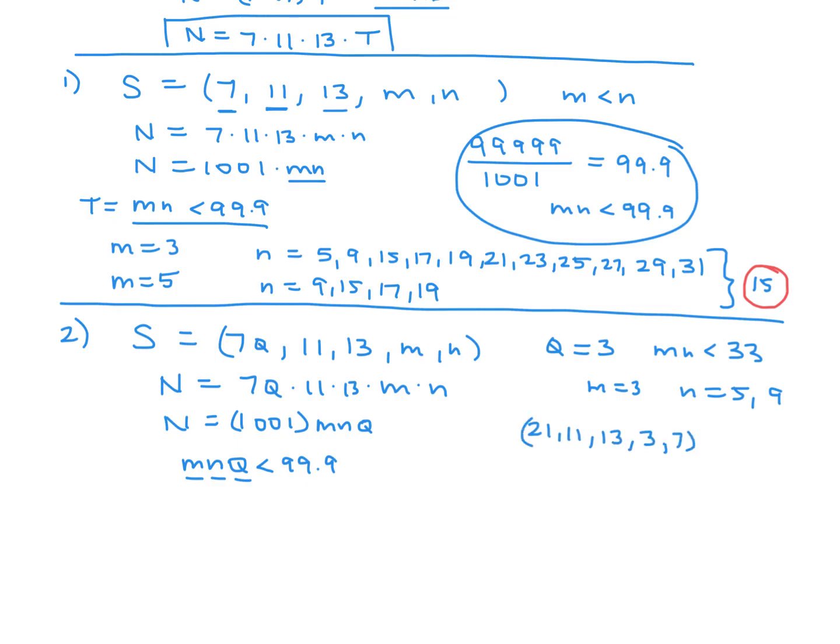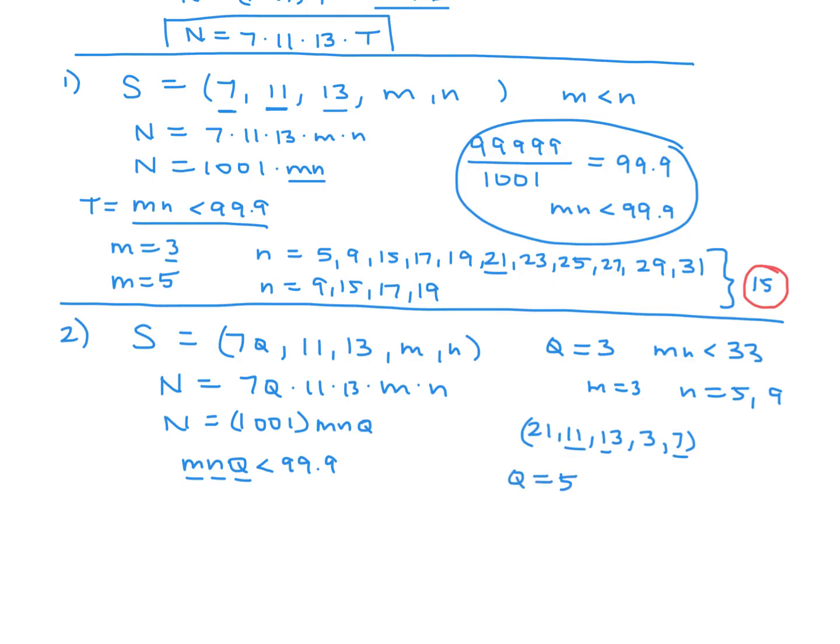But that's already used up here, right? 7, 11, 13 is the standard. And then mn, 3 and 21, 3 and 21. You see how that would be a double count? So that's why n can't be 7. So it's quite challenging, actually, to come up with unique ones. Okay, let's keep going here.